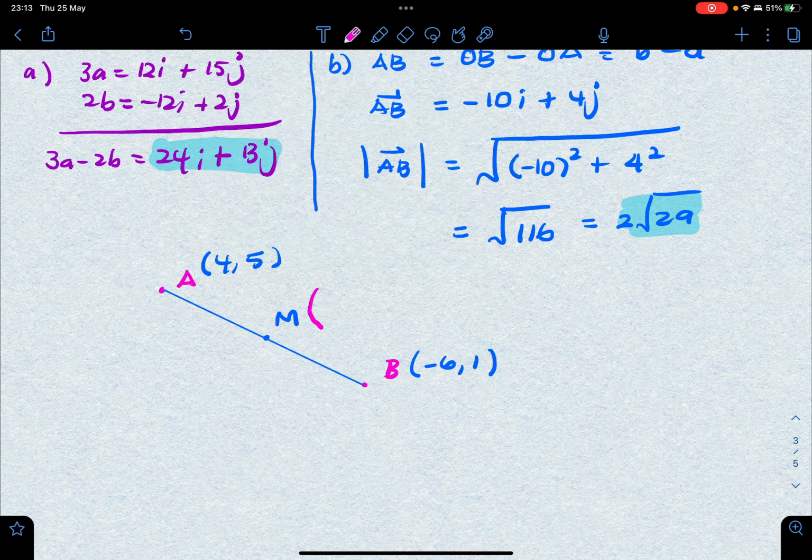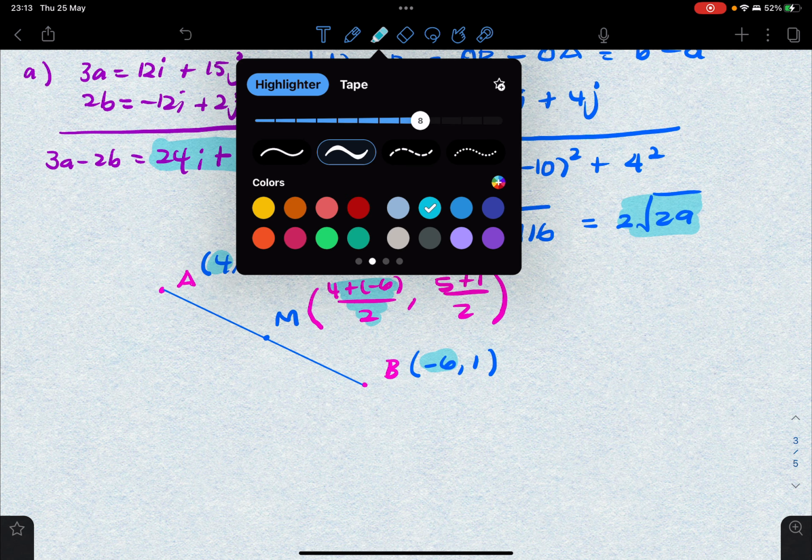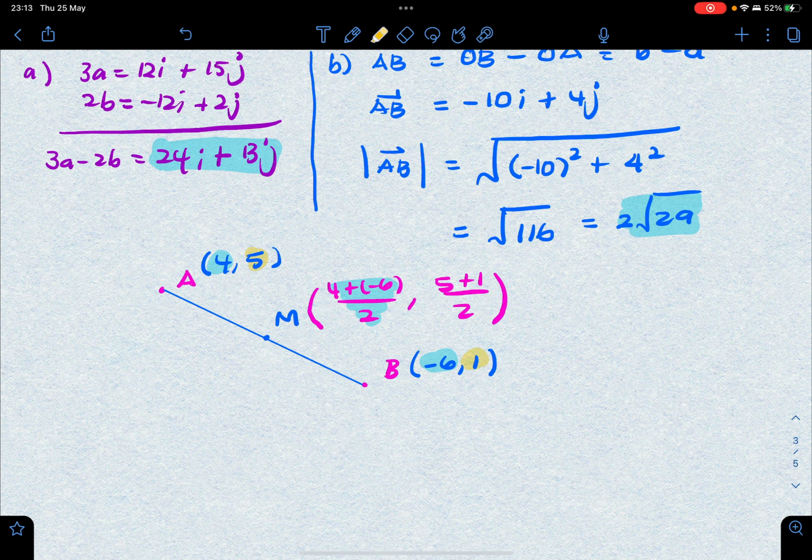M is 4 plus -6 over 2, 5 plus 1 over 2. So if you notice, we add the x components and we divide by 2, and then we add the y components and we divide by 2. So you can think of the formula for this as being x1 plus x2 over 2, y1 plus y2 over 2.